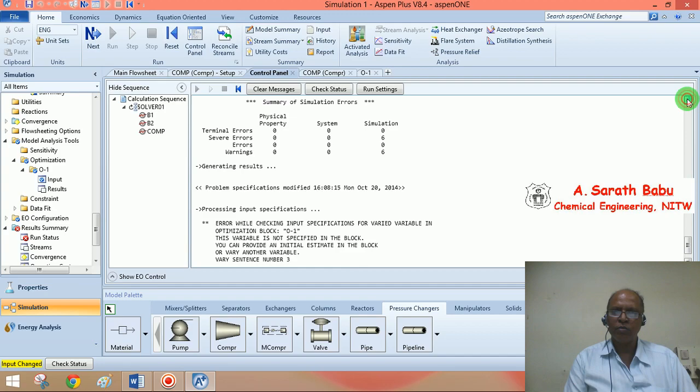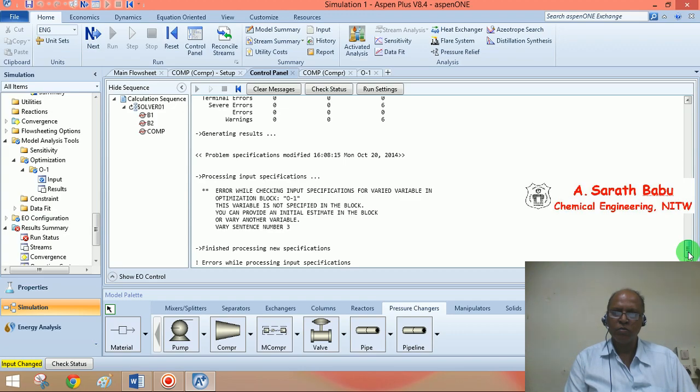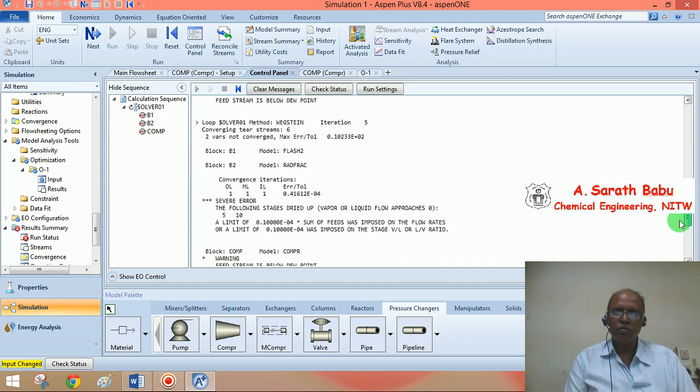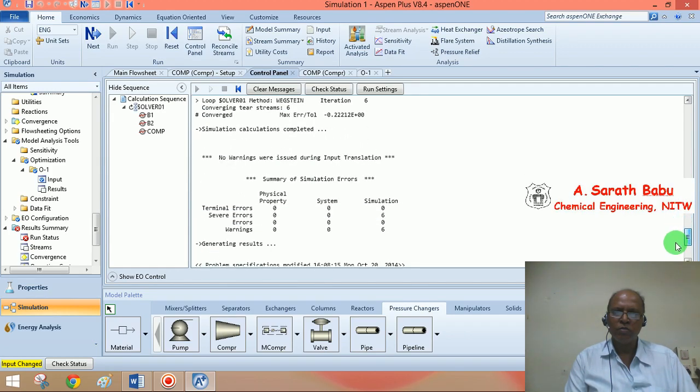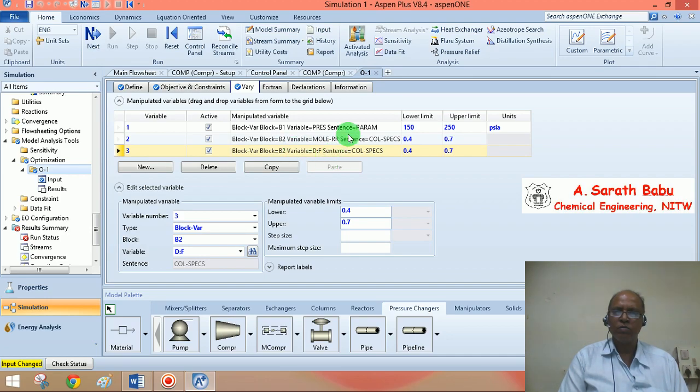Okay, we have specified the block B1, B2, B2, molar reflux ratio, D2F, distillate to feed ratio.